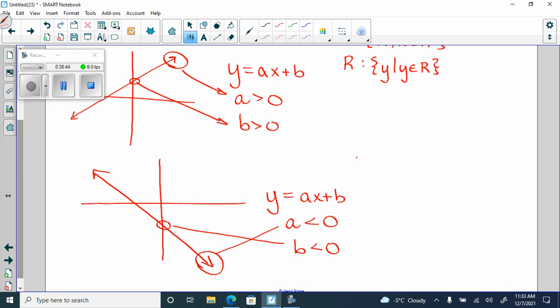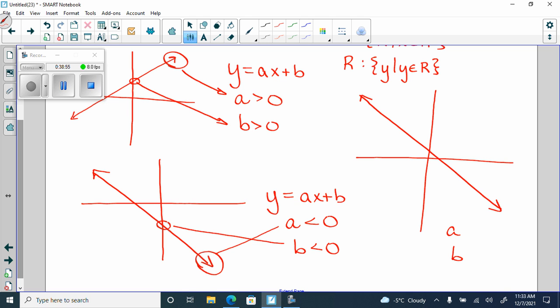Okay, what if I give you this? What does that tell me about my a and my b? My a is negative because it's down on the right, so it's less than 0, and my b is positive because I have a positive y-intercept. You guys remember stuff.